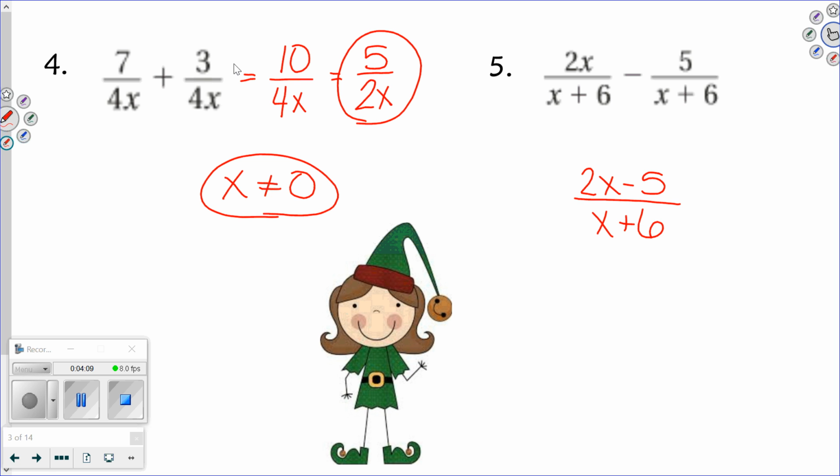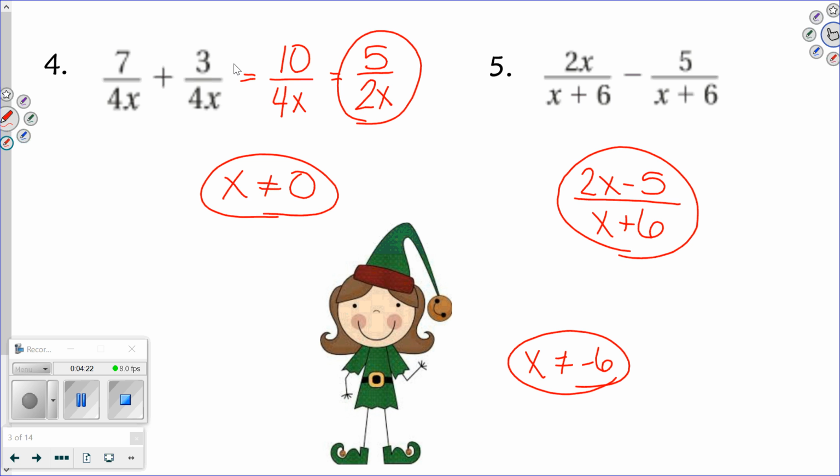So what are your restrictions? All right, x cannot be negative 6. Can I factor either of those? So does anything cancel? Oh, and I am done. The most common mistake I see is people turn that top into like negative 3x, or they turn it into like 10x. Like they don't actually do the right math with it. Okay, they're not like terms. I can't actually do anything with them.